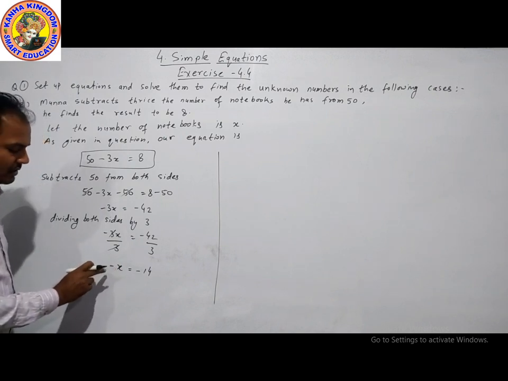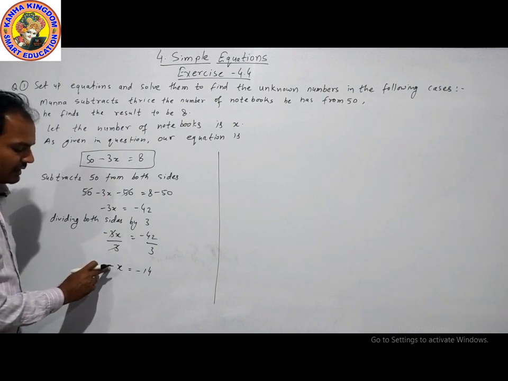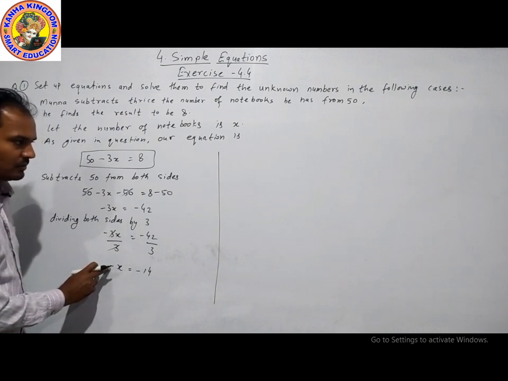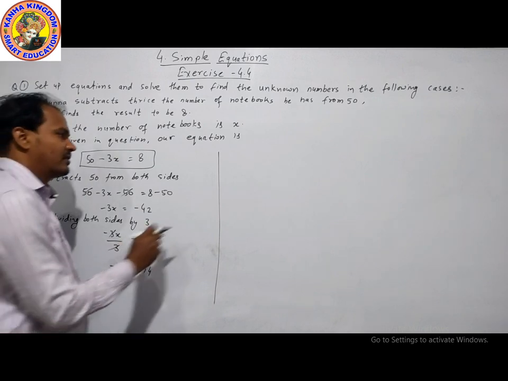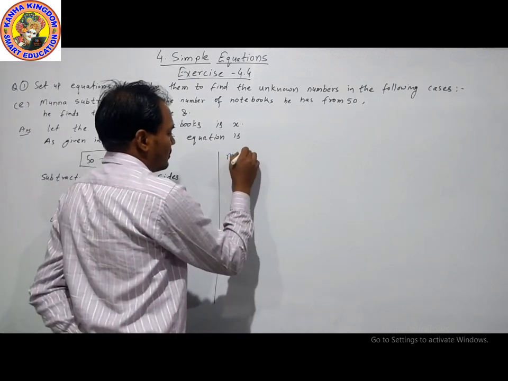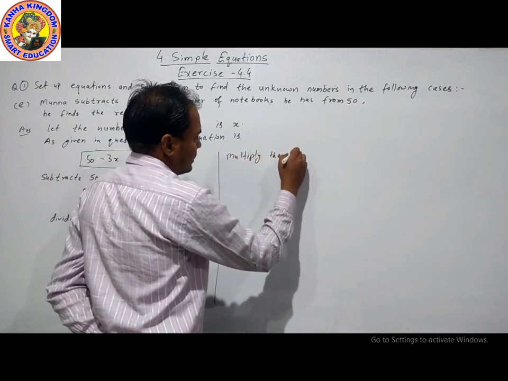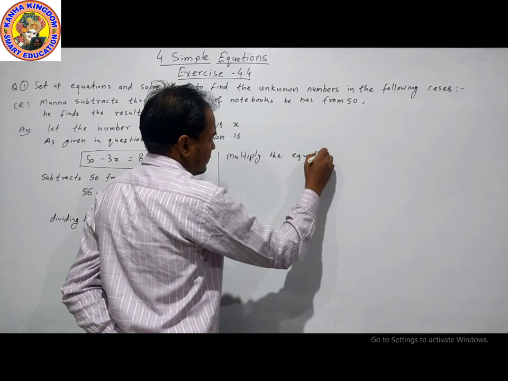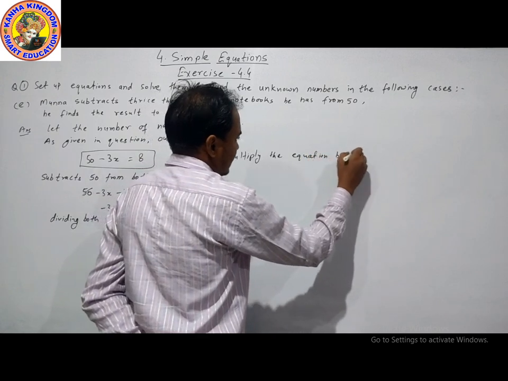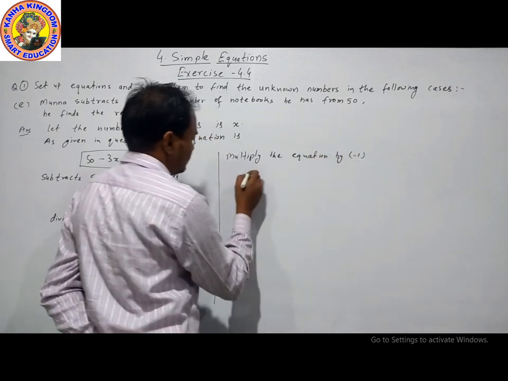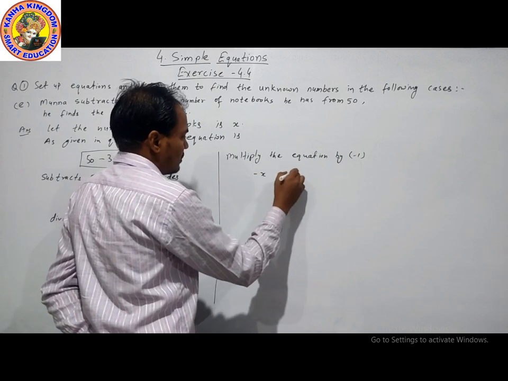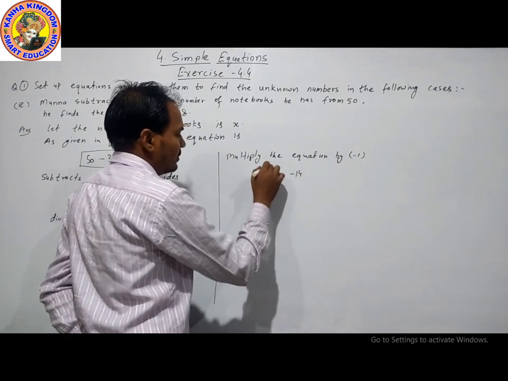Here is minus 1. To remove the minus sign, we will multiply the equation by minus 1. Minus x is equal to minus 14.